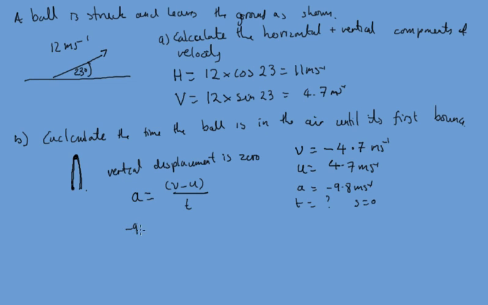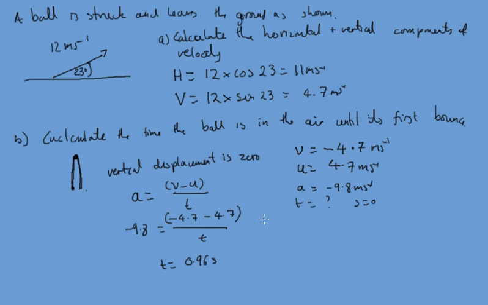So minus 9.8 equals minus 4.7 minus 4.7 over time. Calculating that out, we'll get time is 0.96 seconds.